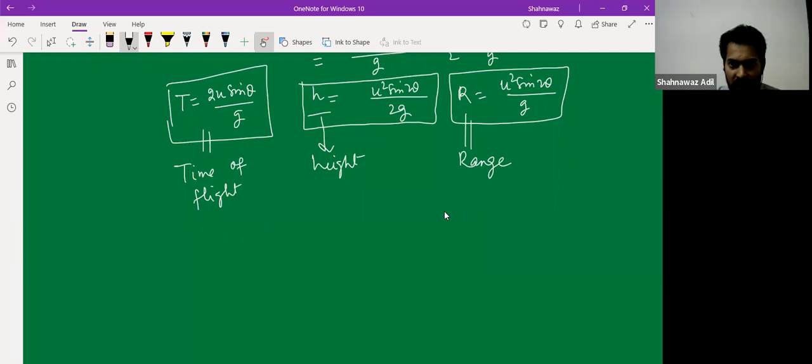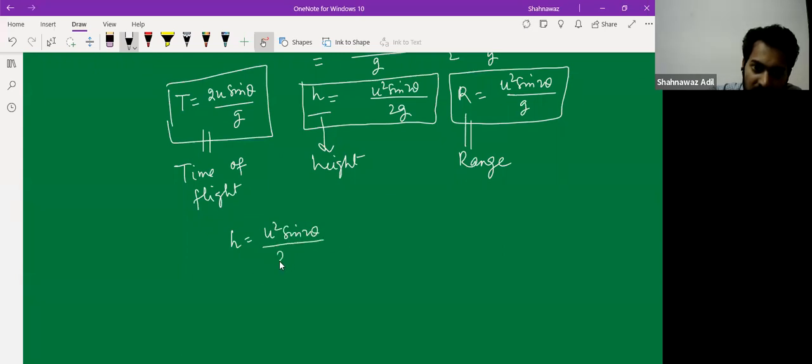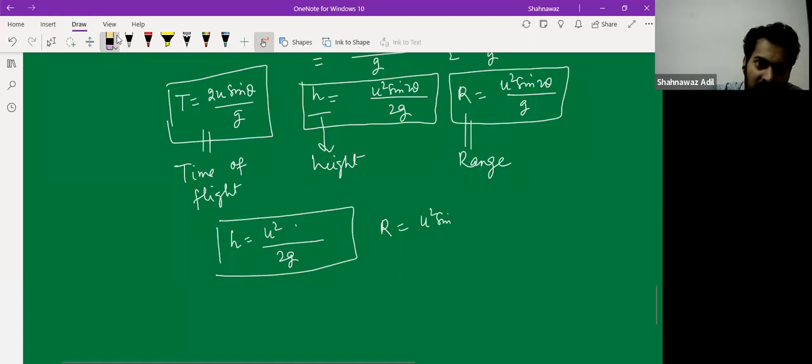No, sir. Okay. Let's calculate. So you have h, which is u square sine square theta by 2g, right? And your r is u square sine 2 theta by g.